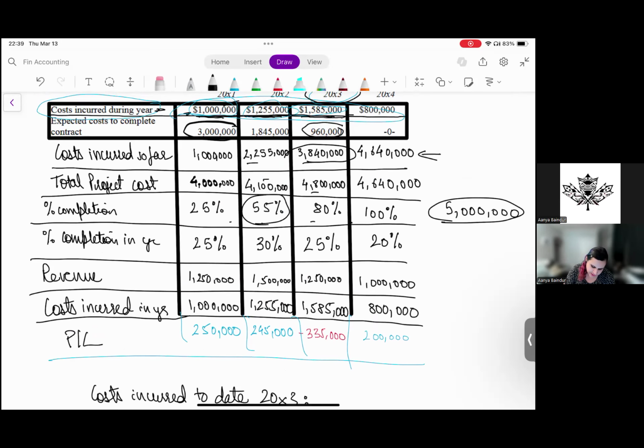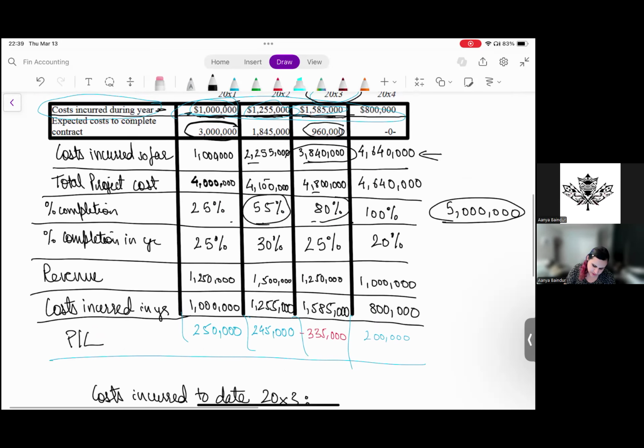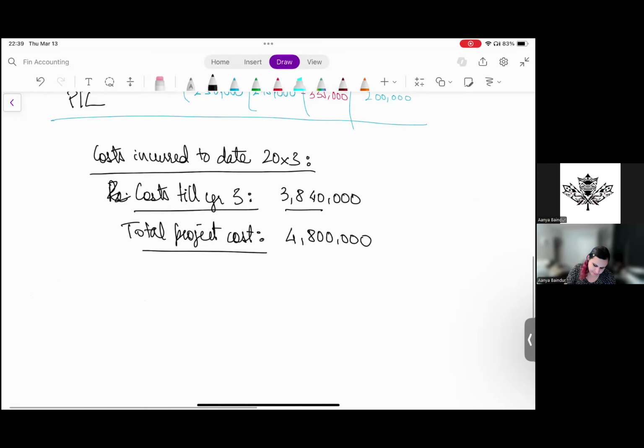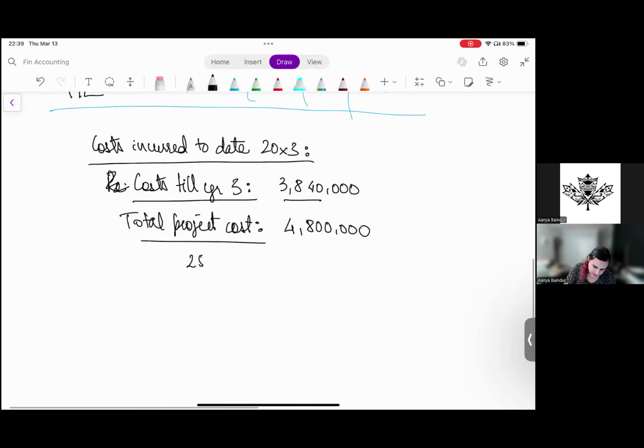You find the 55,000, and then you find the 80,000. That gives you the 25%. So now you know 25% of the project was completed in this year. So you multiply that by 5 million, and that'll give you a value of 1,250,000.